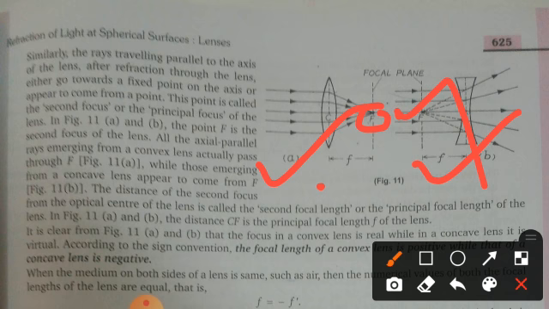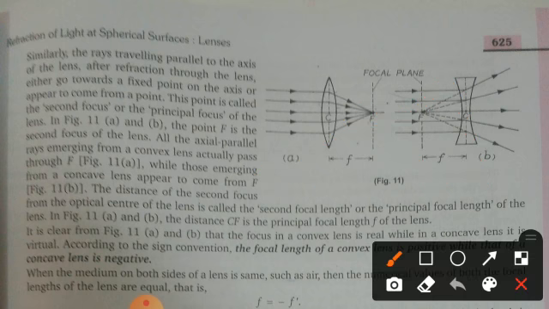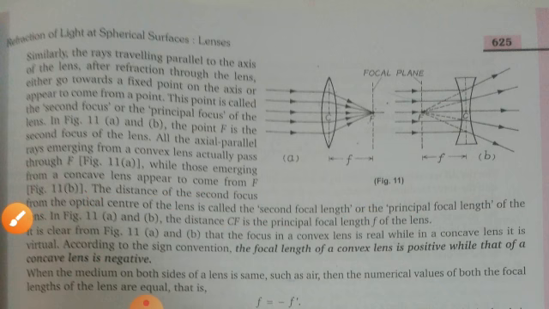Clear? The distance of the second focus from the optical center of the lens. Clear? You have to know the definition of second focal length. So the distance of the second focus from the optical center of the lens is called the second focal length, or you can also say the principal focal length of the lens. Fine. So in figure 11A and 11B, the distance CF is the principal focal length of the lens.